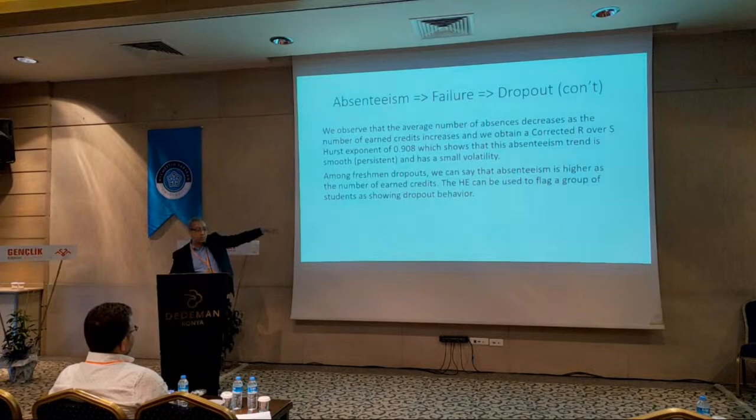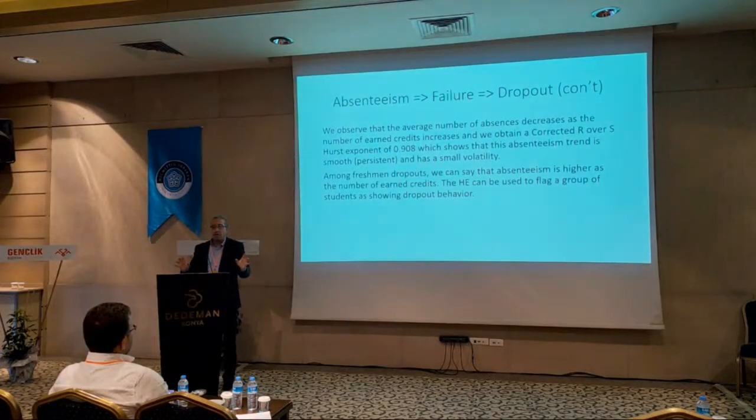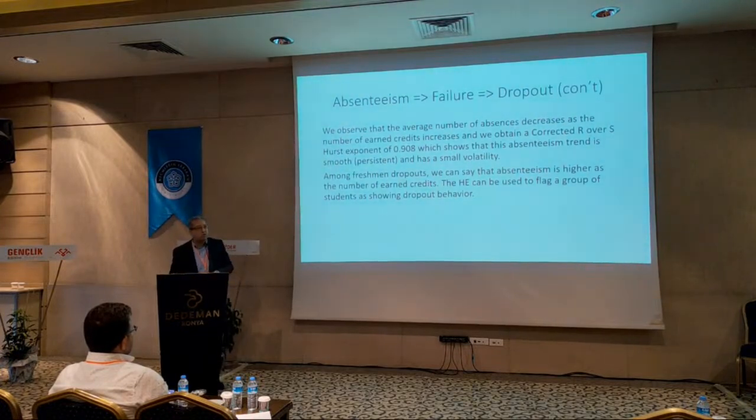And we get a Hurst exponent of somewhere around 0.5, which means that this Hurst exponent does not tell us anything about any kind of relationship. So how can you detect whether a group of students is highly likely to drop out or not? Is you take the population of the students that you have in your university, and you run a heavily computational algorithm that will keep on what we call bootstrapping.